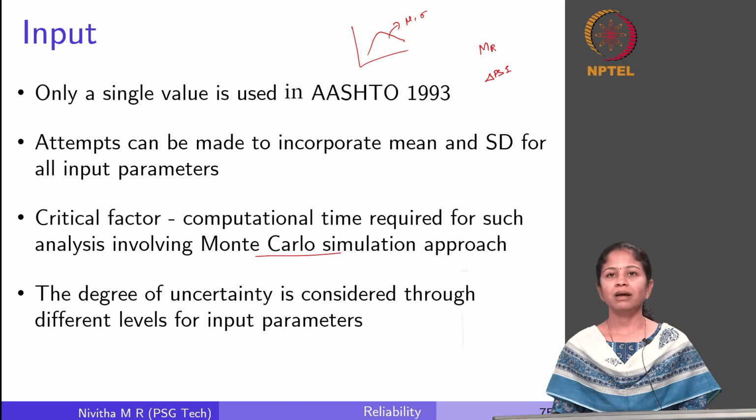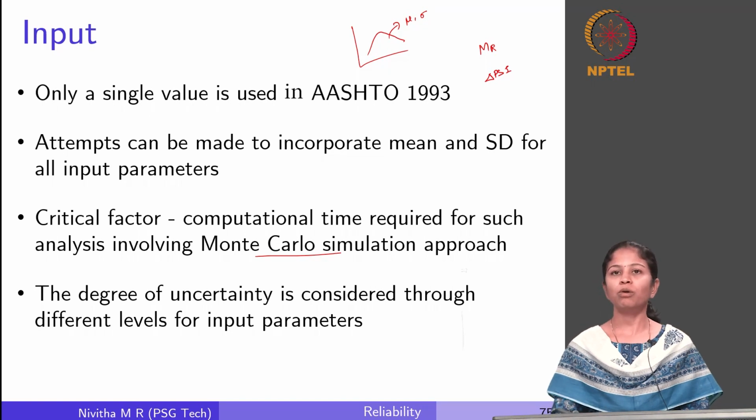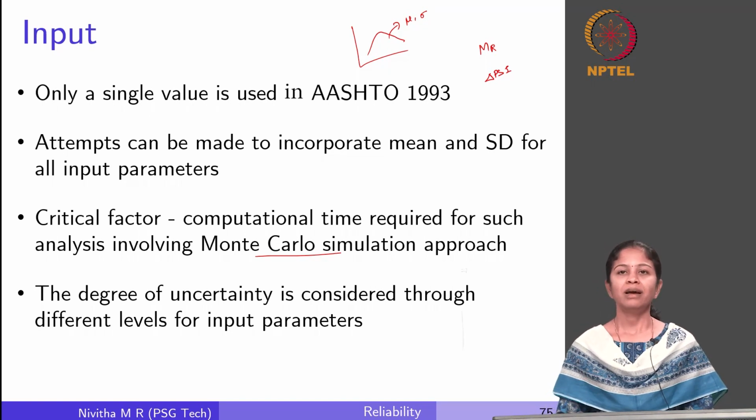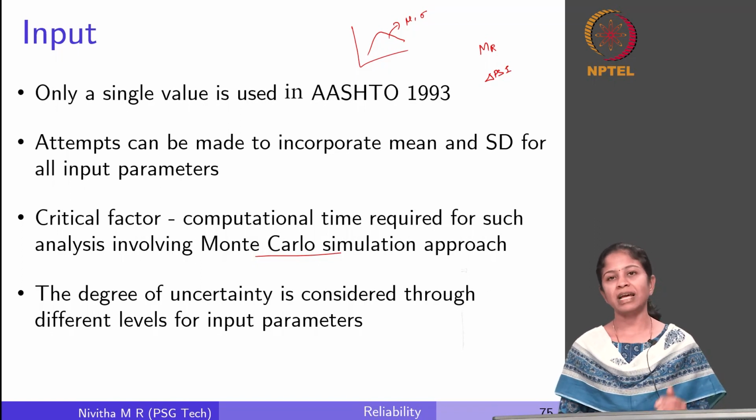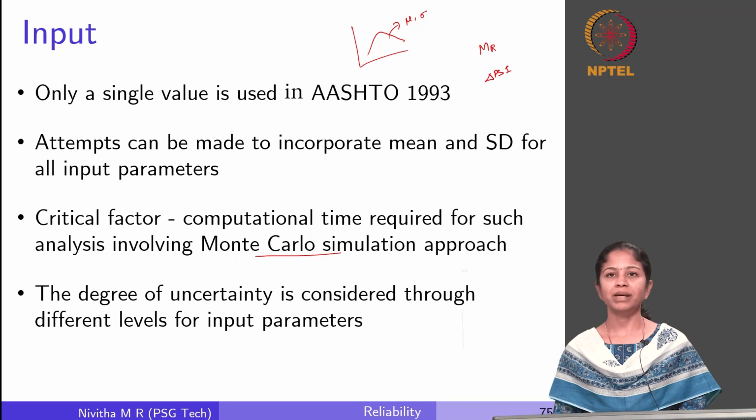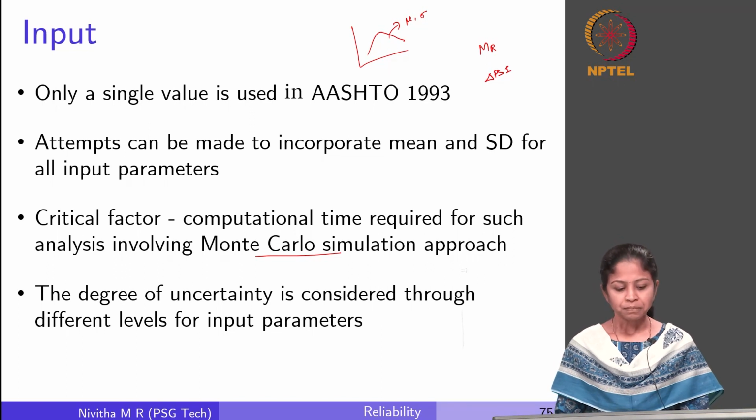So, that is why most of the time, even though methods have been arrived at and the background related to incorporation of variability in input parameters is already known, considering these limitations, most of the design procedures and the associated software have not taken into account the variability of input parameters into the design procedure.